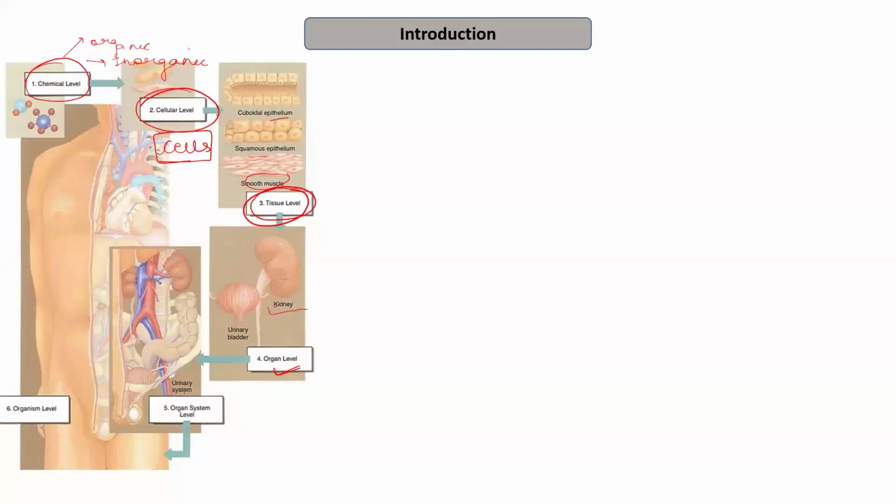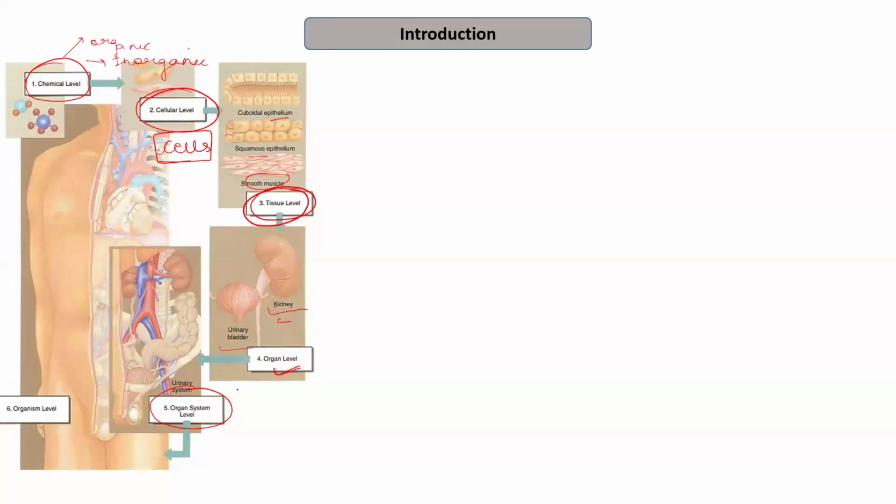And then after this, we have an organ system level of organization. Various organs, like for example the kidney, urinary bladder, ureter, are combined in a particular fashion to perform a particular function. For example, the kidney, urinary bladder, ureter, etc. are combined to form a complete excretory system. So they form a complete organ system.